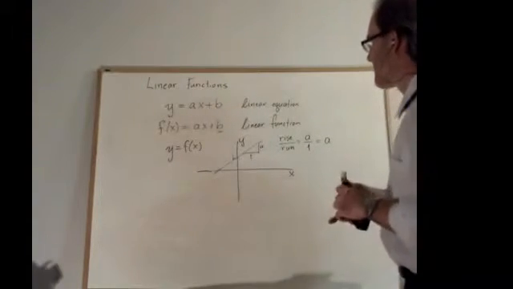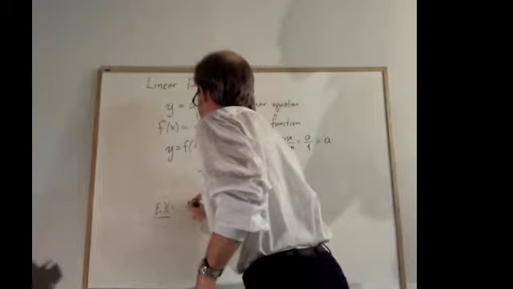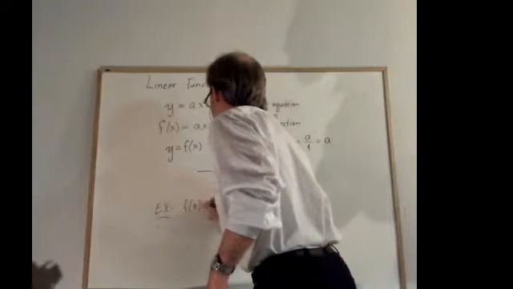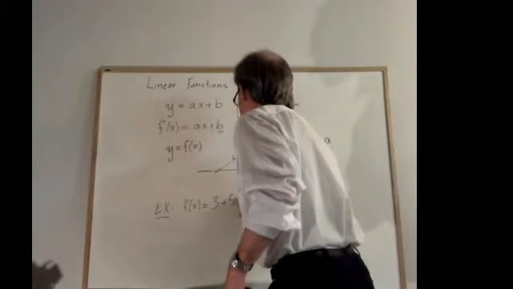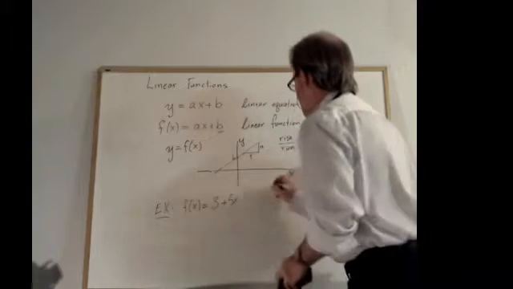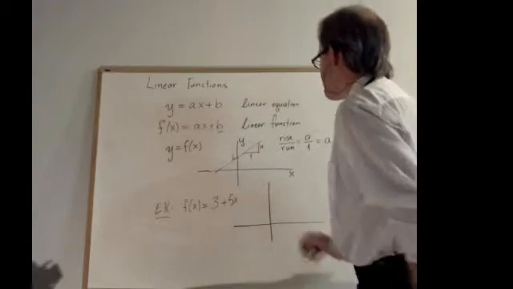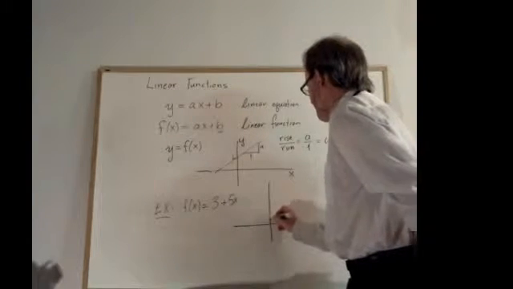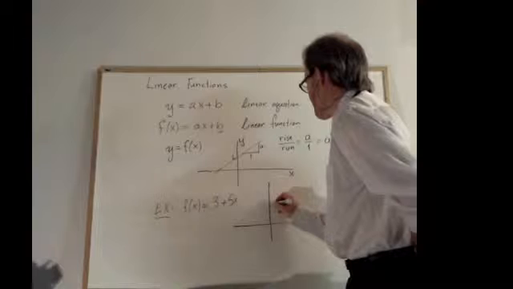So, for example, plus 5x. You would graph that by measuring off 1, 2, 3 in the y direction along the y-axis.